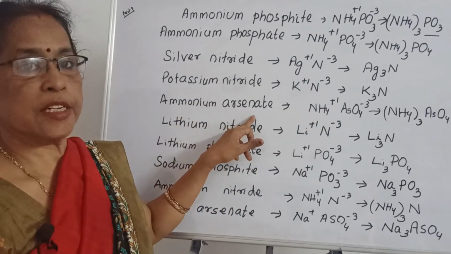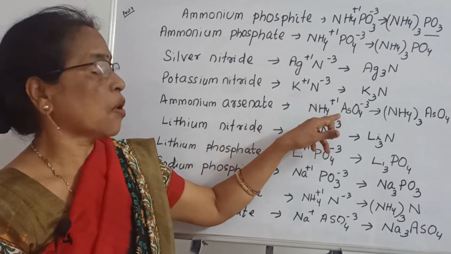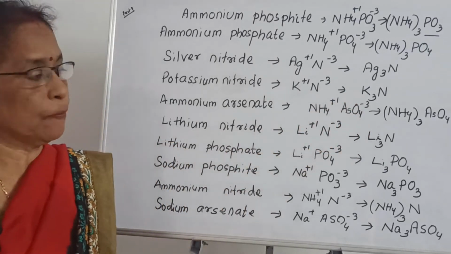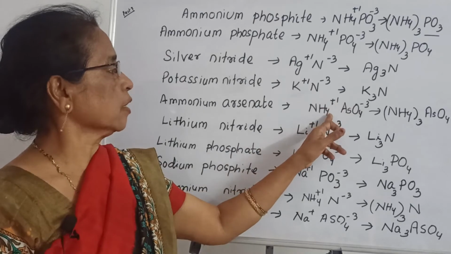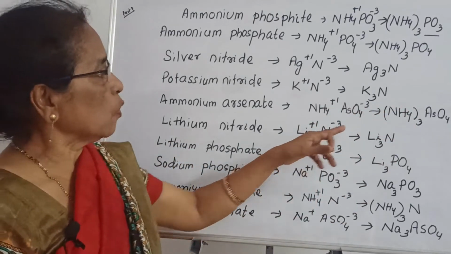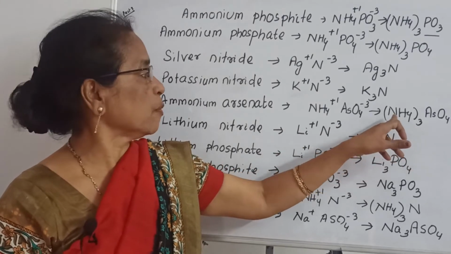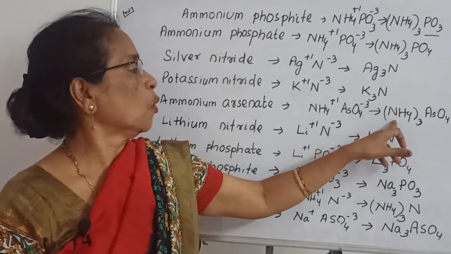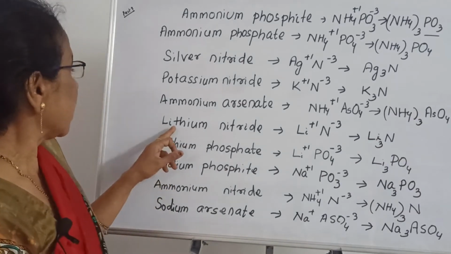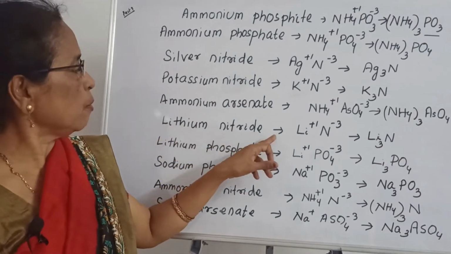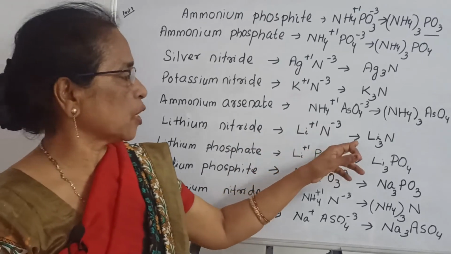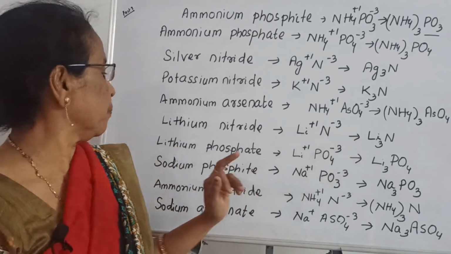Ammonium arsenate, NH4 plus 1 and arsenate AsO4 minus 3. So the 3 comes here, and that is why you should put brackets. In brackets it is 3, that means NH4 whole 3 AsO4. And lithium nitride, lithium is plus 1, nitride is minus 3, so the formula should be Li3N.